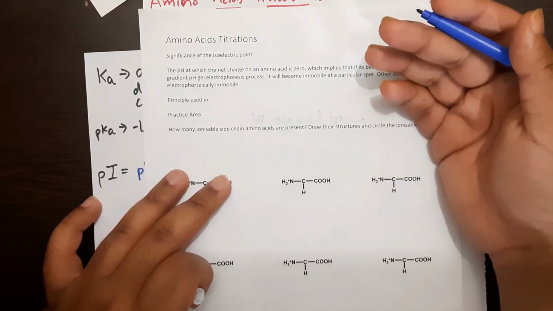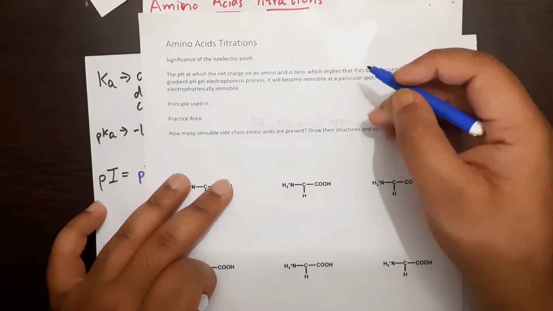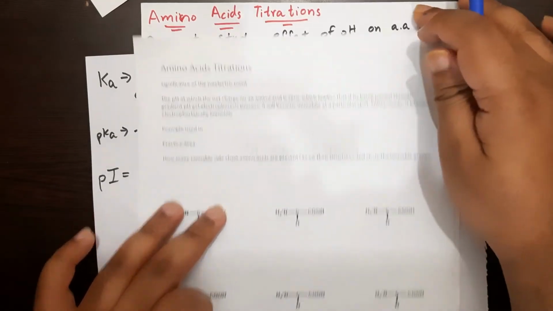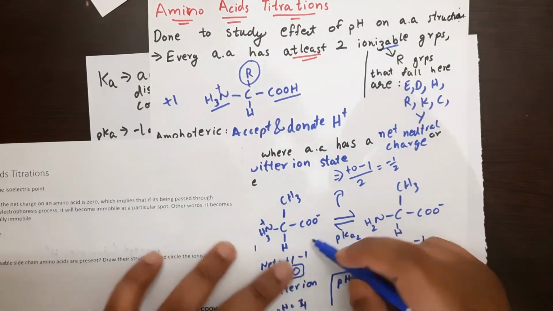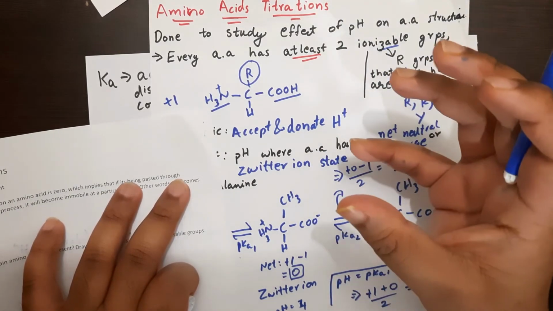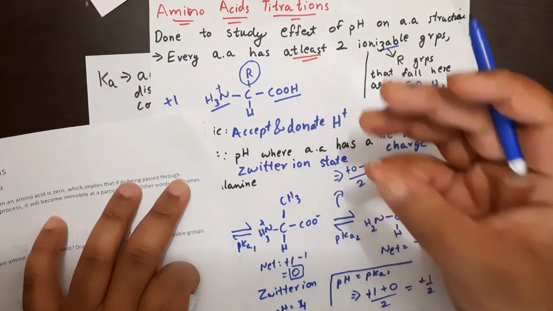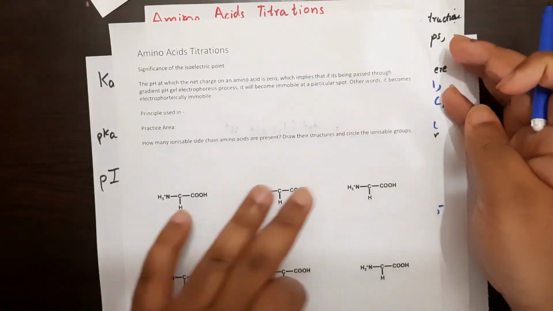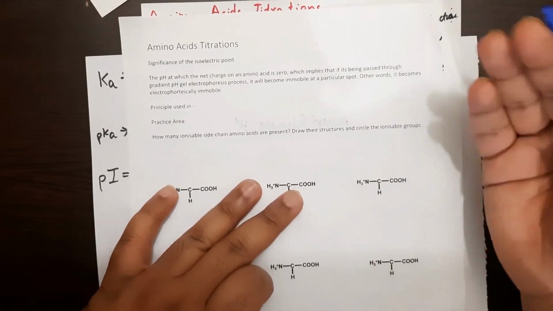So what's the significance of the isoelectric point calculation? I just told you the Zwitter ion state. Now one important aspect about the Zwitter ion is it becomes non-mobile. The molecule at its Zwitter ion structure becomes non-mobile, and therefore we can use this to extract it out of the solution.